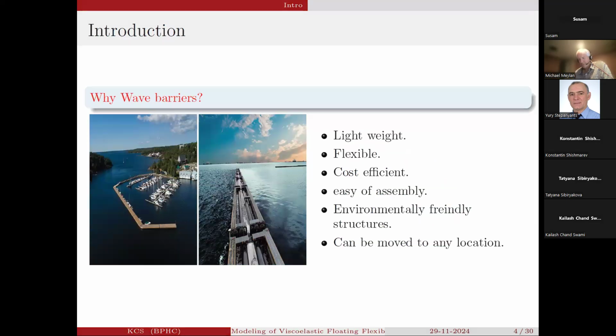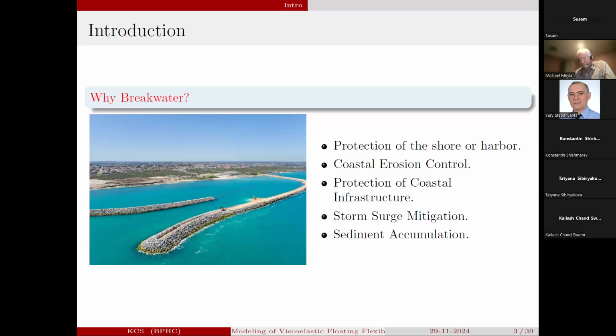But these kinds of structures are rigid and heavy, so they are not very cost efficient. In place of such fixed or rigid structures, we are going to use floating structures.